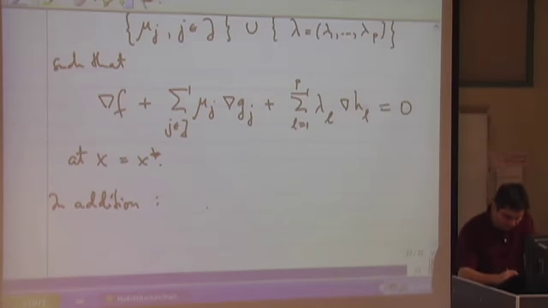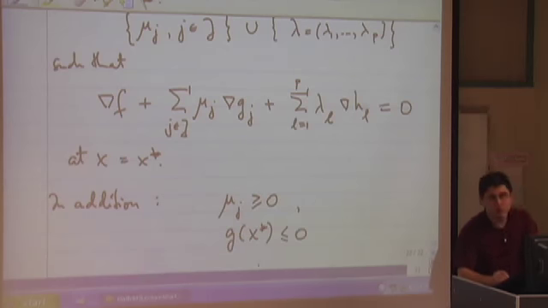You can actually say that mu_j are positive, g of x star is less than or equal to 0 on each component, and h of x star is 0.